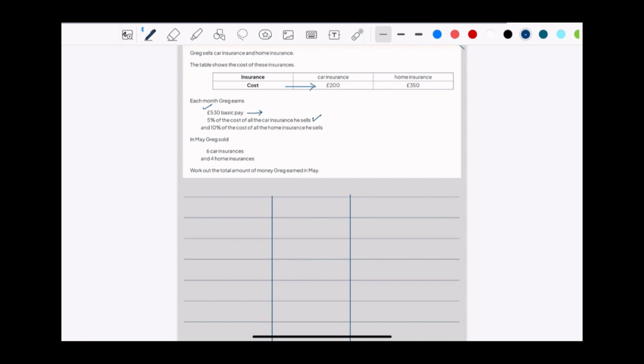In this scenario, he's just an employee, but he is trying to convince the buyer, his customer, to buy that insurance policy, and as a reward, as a contract, the company gives him 5% commission, and 10% commission on home insurances, the same concept.